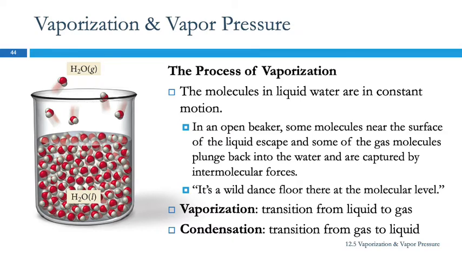Some of them are moving quickly and some of them are moving more slowly because they don't all have the same kinetic energy. The temperature is a measure of the average kinetic energy. Some are moving faster than others. And if you have a fast-moving one that happens to be near the surface, it can escape. But most of them are not going to be able to escape.